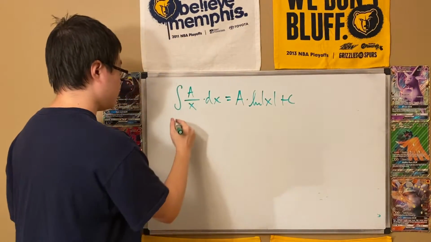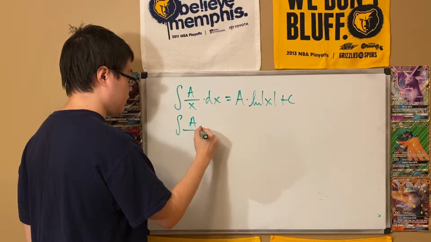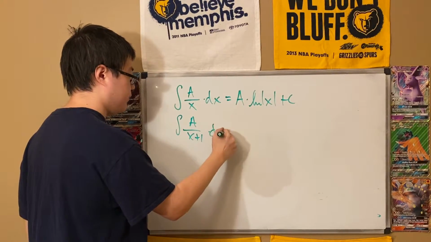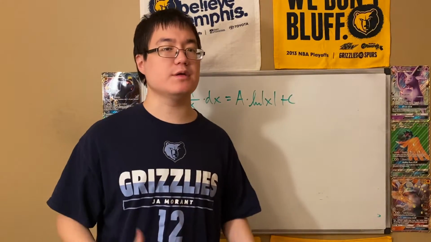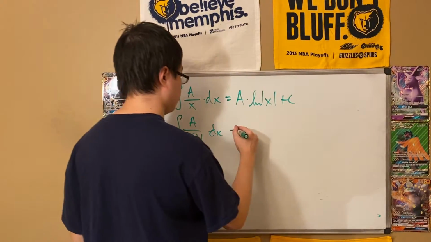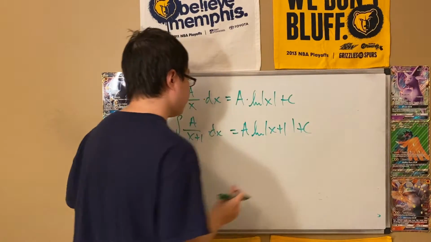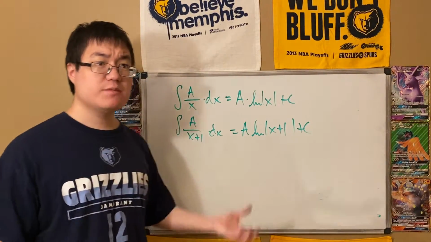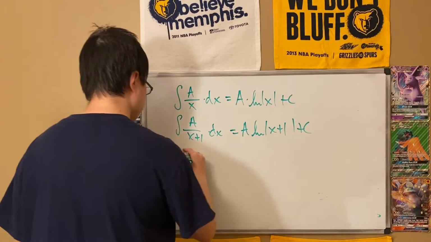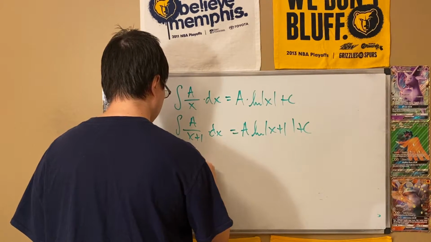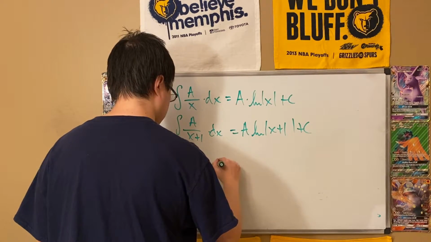And like we saw before, the integral of something like a over x plus 1, because the derivative of x plus 1 is 1, is going to be a times ln of x plus 1. But keep in mind that when we have these terms, it might not be this easy. For example, we might have something like a over 2x plus 1.